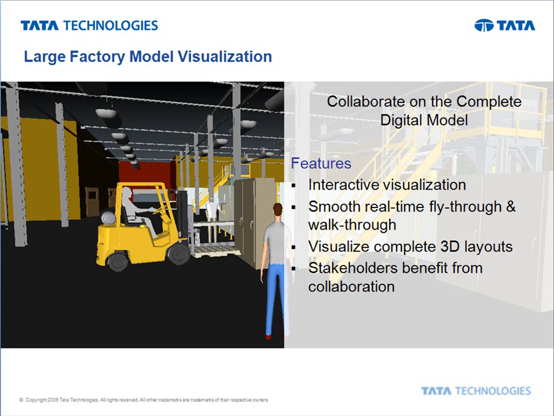Moving on with our 5 reasons, we come across our second one. It's truly talking about large factory model visualization. Giving us the ability to go through and do some interactive visualization of plants, buildings, whatever the case may be. Gives us the ability to have smooth, real-time fly-through and walkthroughs. Allows us to visualize complete 3D layouts.